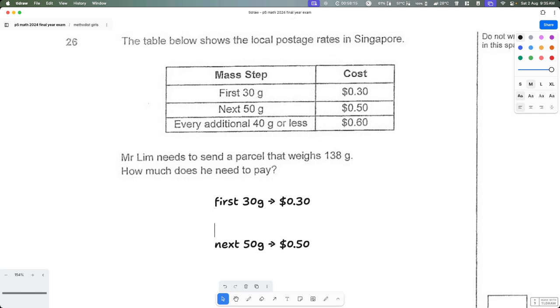So next 50 grams, he has to pay 50 cents. So 138 minus 30 will become 108 grams. Okay, so after next 50 grams, he's left with 108 minus 50, this will become 58 grams.